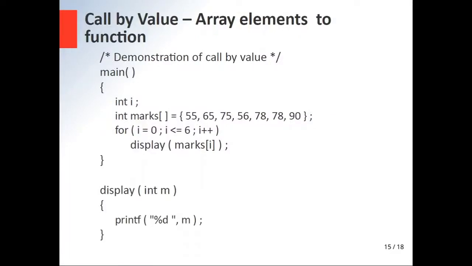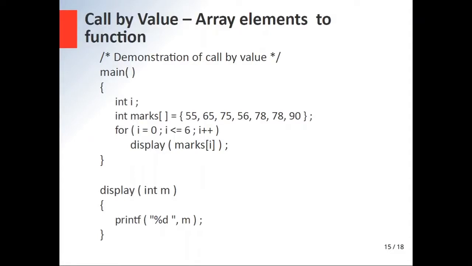Called by value. In this program, we are demonstrating how the value of an array element can be passed to a function. So let's discuss the display function. The display function accepts an integer value as parameter and it uses the printf function to display it in the output screen.